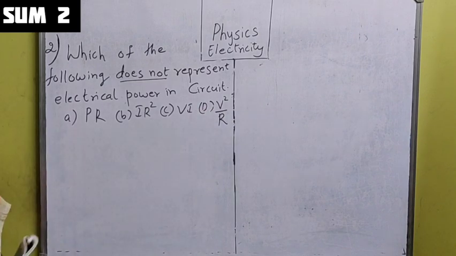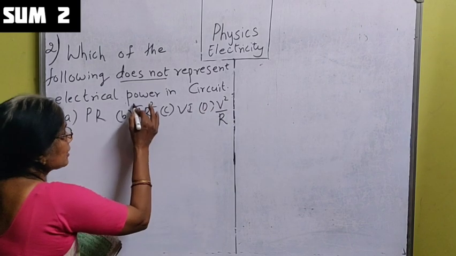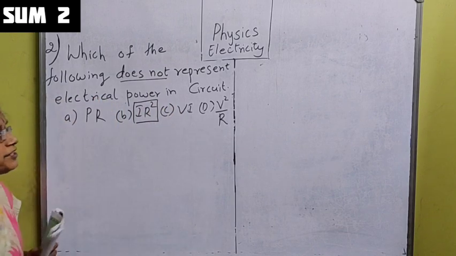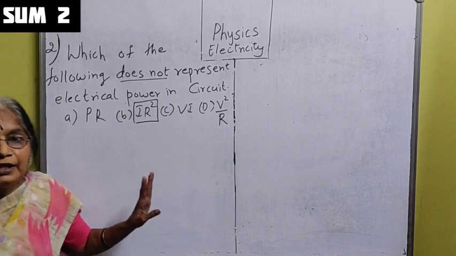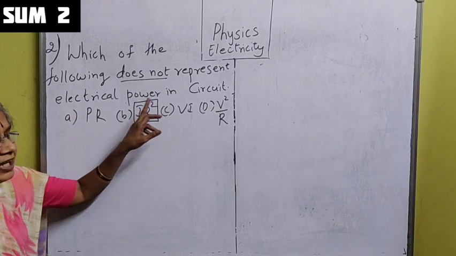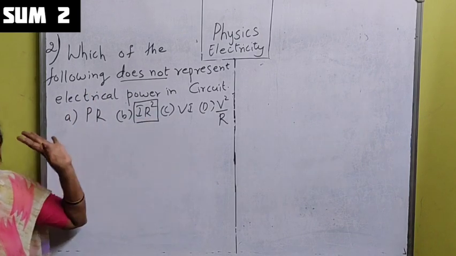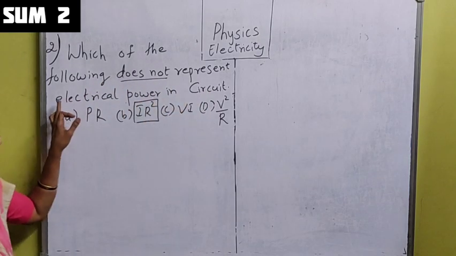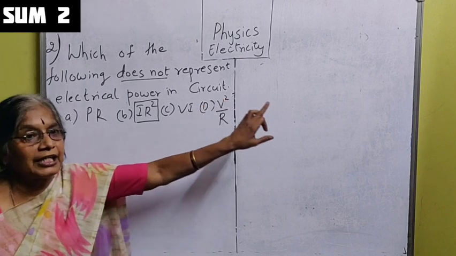So which option is left out? IR square. This option is left out, which does not give you the electrical power in circuit because current and only resistance is there. So this option does not represent electrical power in circuit.